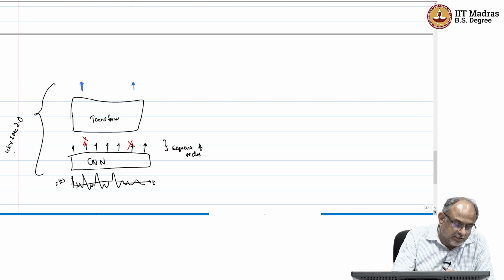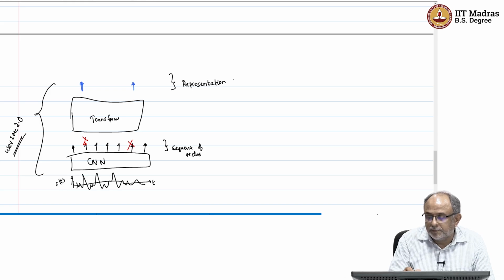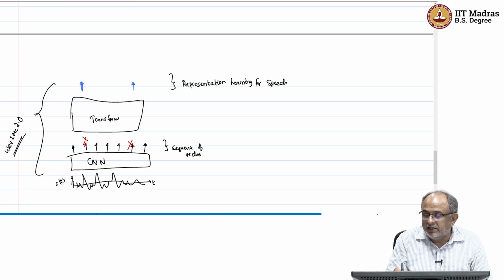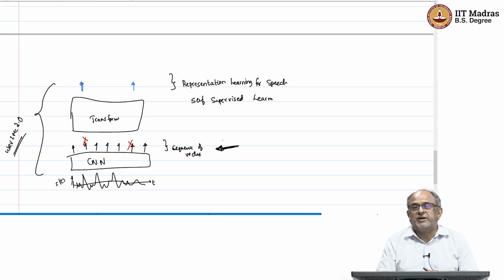And one of the models that does this is called wav2vec. So, this is a representation learning for speech. Here again, is it self-supervised learning? It is self-supervised learning. Why do I say it is self-supervised learning? Because at the input, I know which vectors I am asking, and I am trying to predict those vectors at the output.